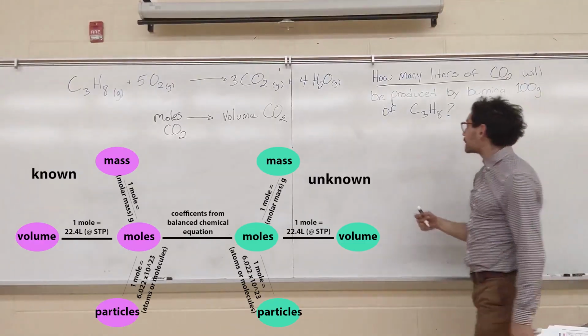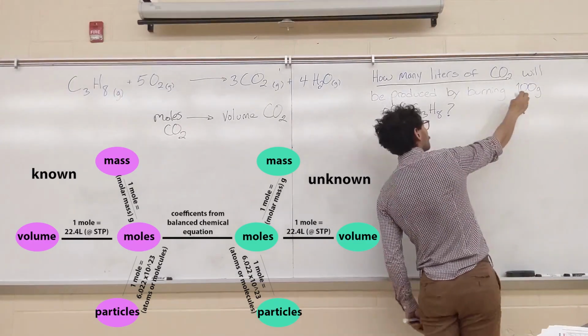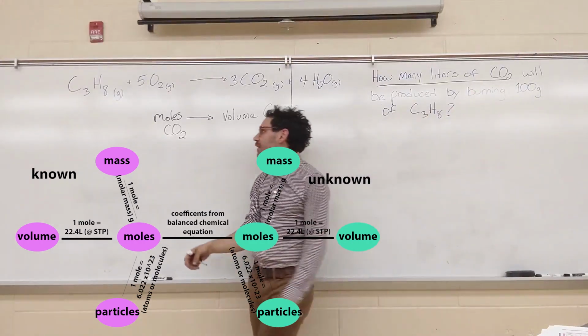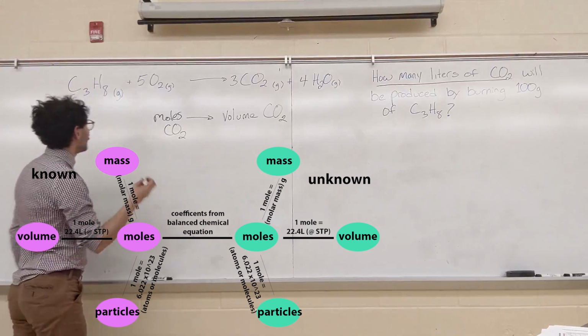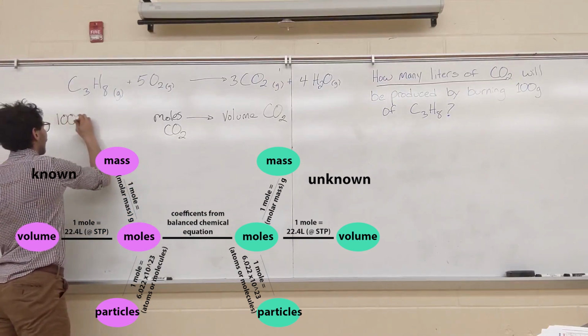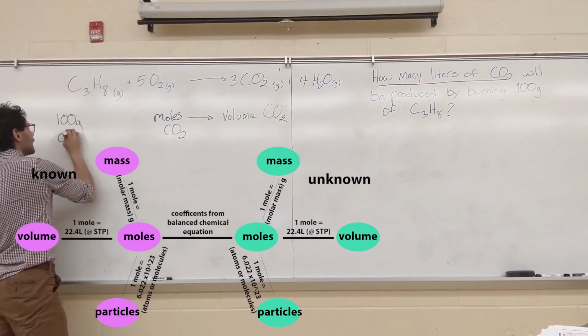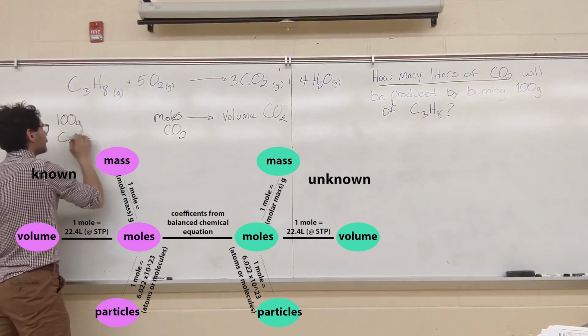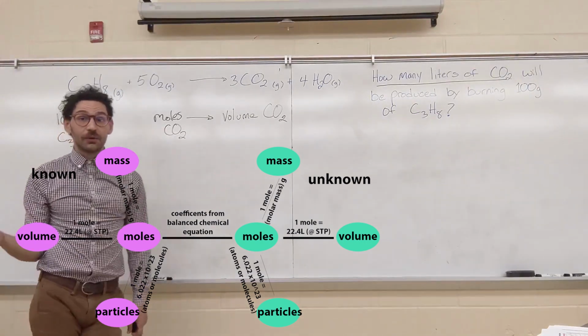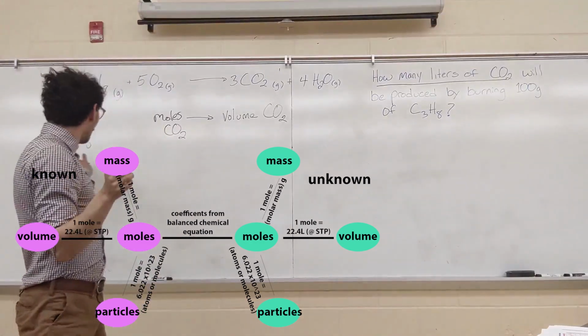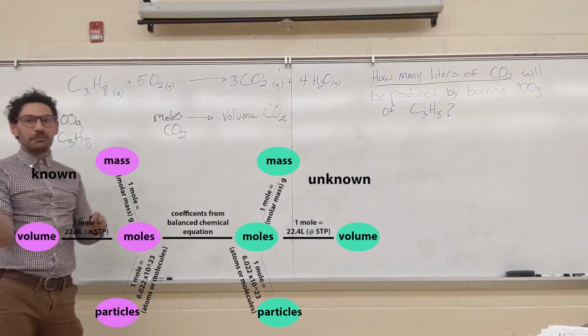All we know is that we are burning 100 grams of C3H8. So our known right now is 100 grams of C3H8. So I need to somehow fill in this gap. Well, if I want to convert from one chemical to another, I have to go from moles to moles.